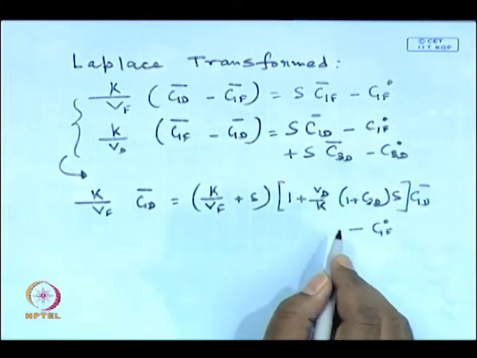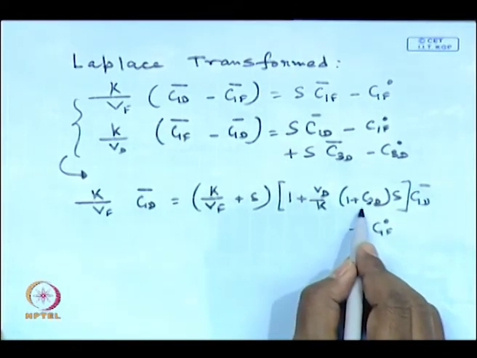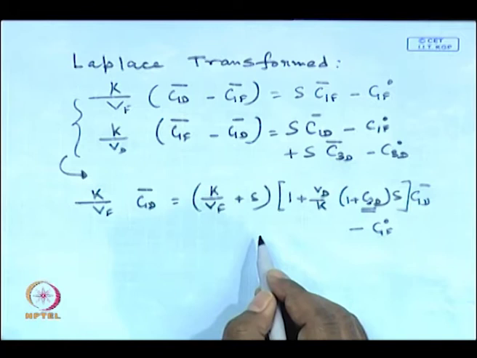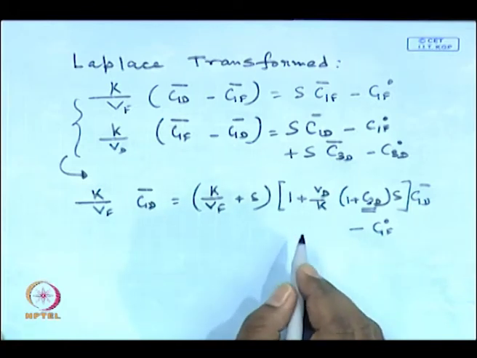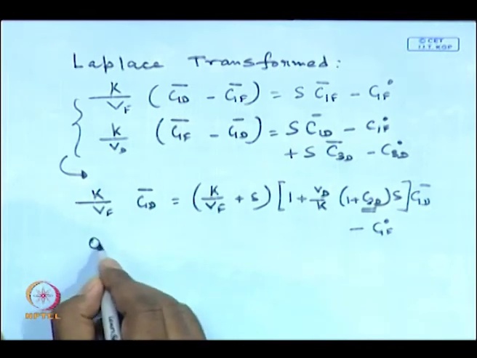Remember that the term within the third bracket becomes completely constant because C2d is in excess, so it can be treated as constant. You can rewrite this equation on simplification.